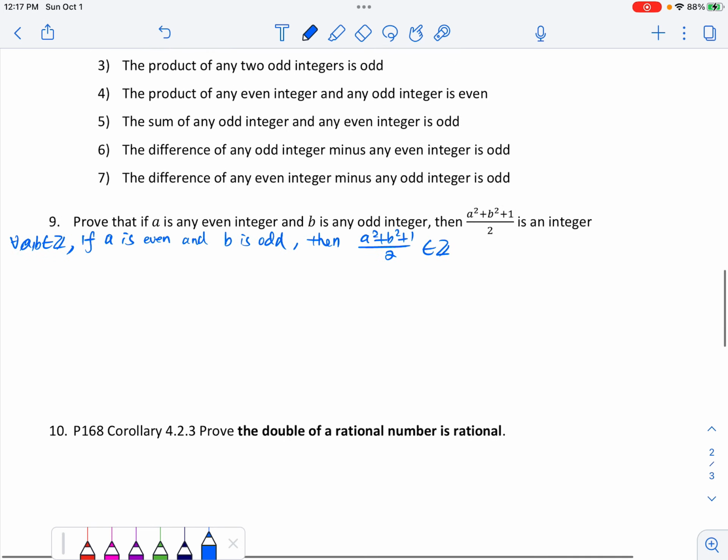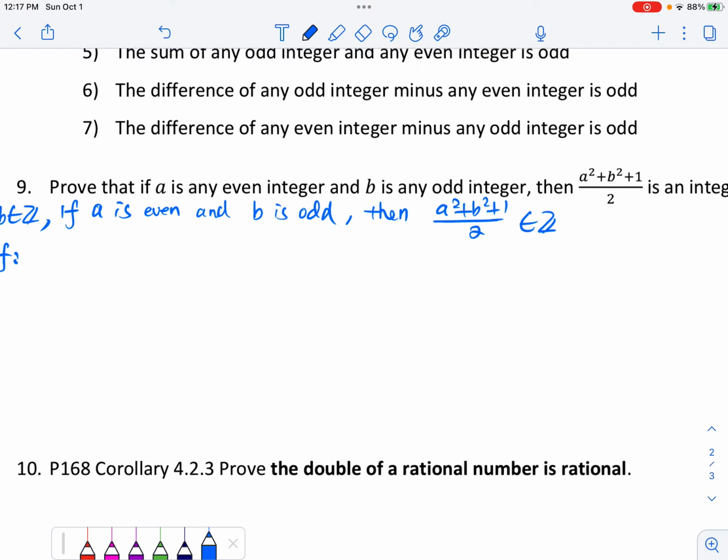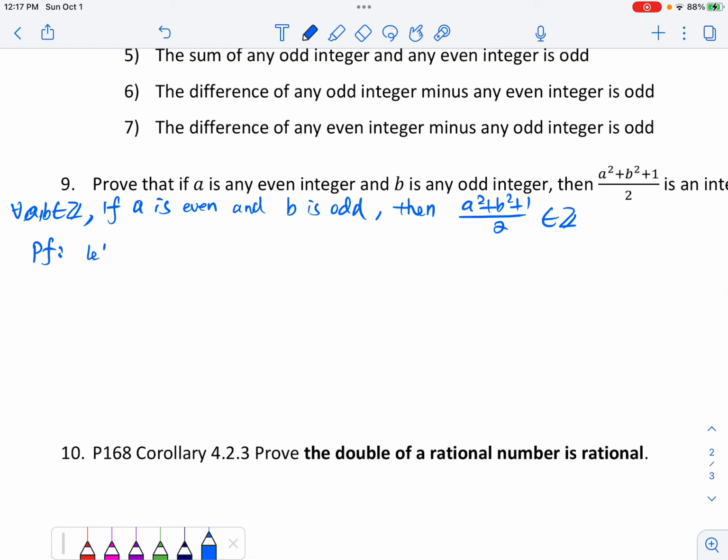Now to prove, I'm going to say let a be even, b be odd. Want to show (a squared plus b squared plus 1) divided by 2 is an integer. That's how you interpret this statement.